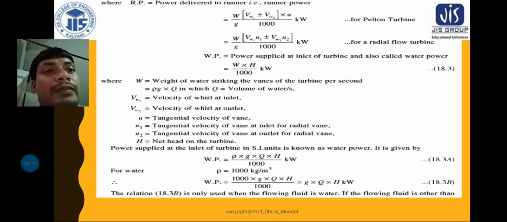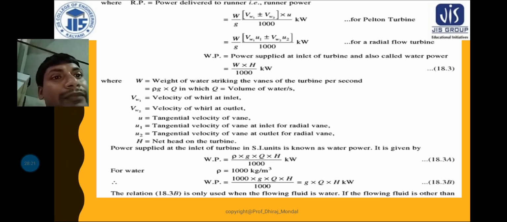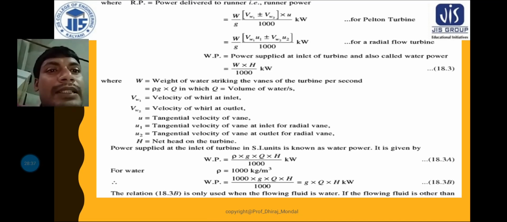WP is the water power, and water power is equal to W into H by 1000. W is the weight of the water striking the vane of the turbine per second. So rho Q G is equal to W, because W is equal to mg and m is equal to rho A V, and rho A V is equal to your discharge Q. So rho G Q is the W.